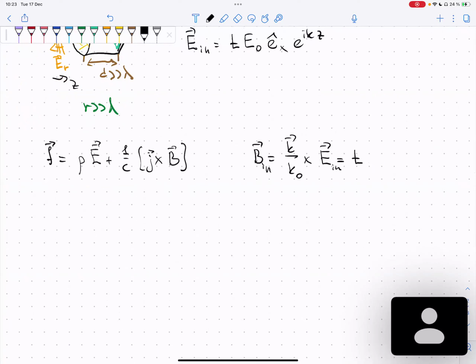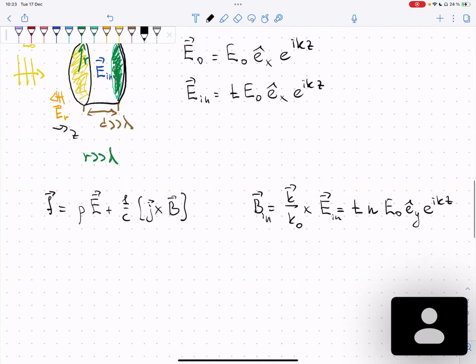It equals transmission coefficient multiplied by the complex refractive index E0 Ey exponent i k z.